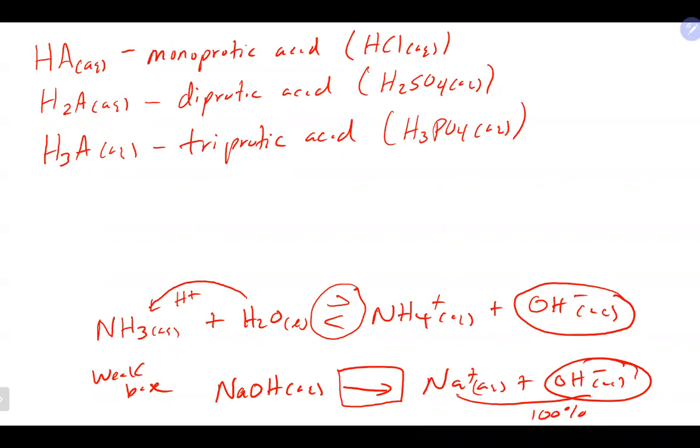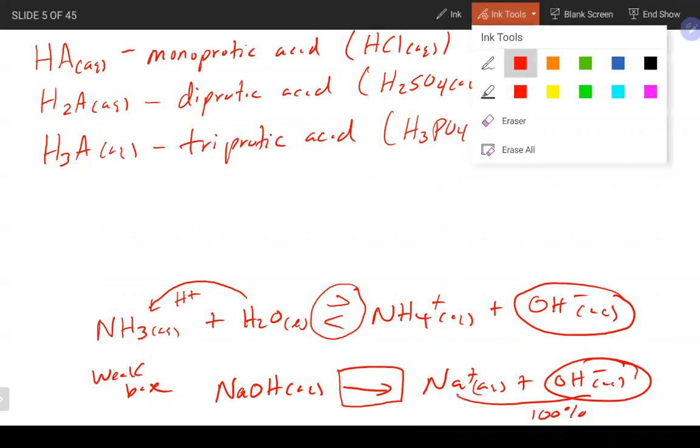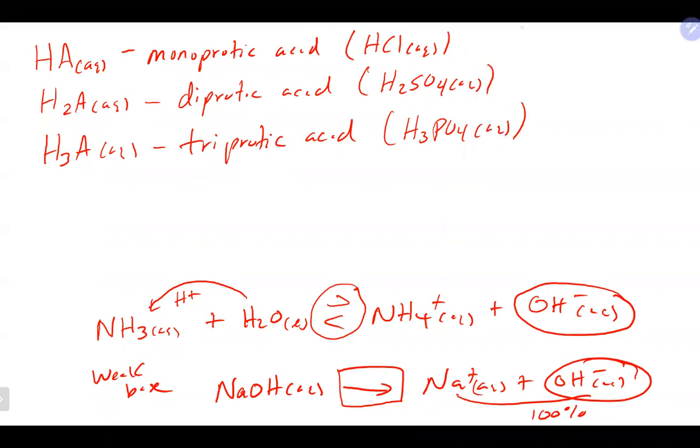In each of these cases, as I mentioned before, the cation is H plus. But it is actually the negative guy, or the charge on the negative guy, that does change. In a monoprotic acid, the anion has a -1 charge, like chloride. In a diprotic acid, to balance it out, it has a -2 charge, which is why there's two hydrogens, like sulfate is a -2.